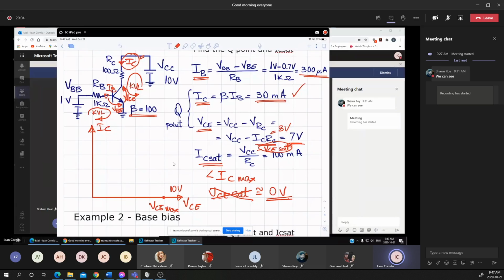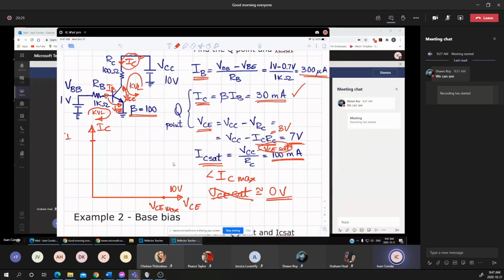That's the VCE max. On the opposite side, the intercept of the load line on the collector or y-axis is the IC saturation. You notice that that's the VCC over the RC.